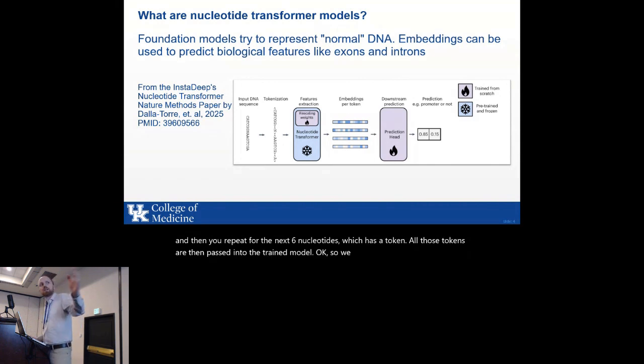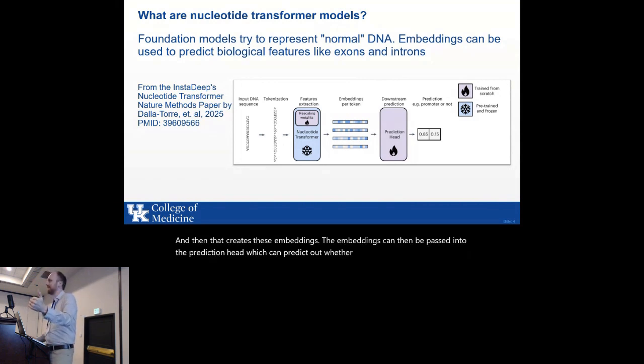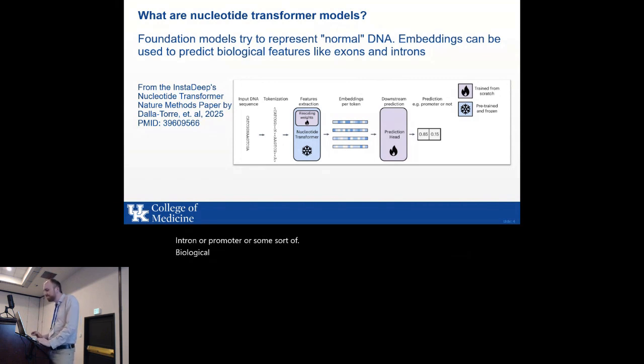So we have a pre-trained and frozen model, and that creates these embeddings. The embeddings can then be passed into the prediction head, which can predict whether something is an exon or an intron or promoter or some sort of biological signal from the DNA.